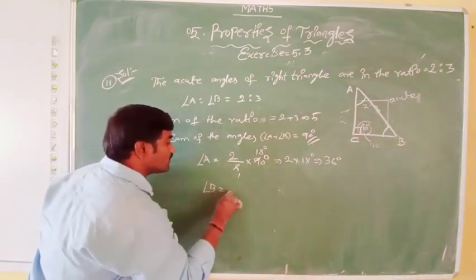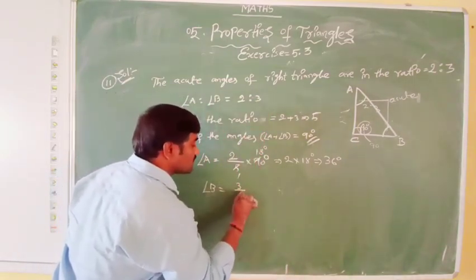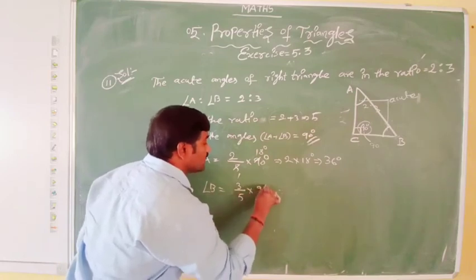Then angle B equals 3 parts out of 5 parts into 90 degrees.